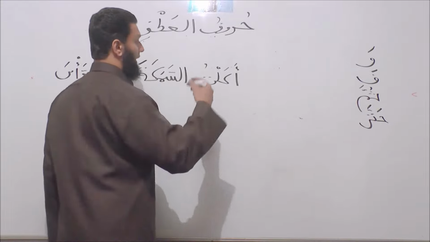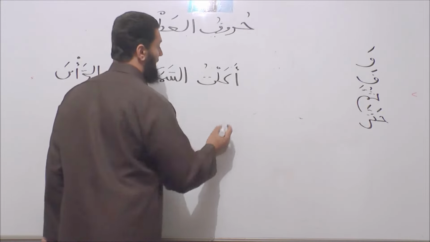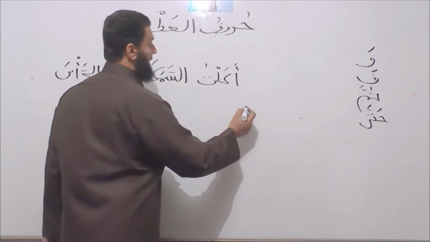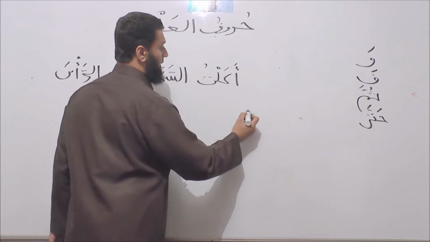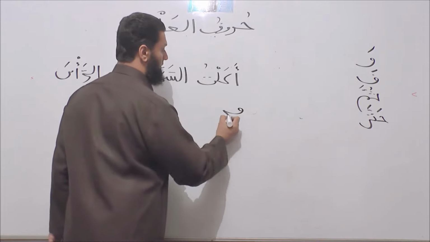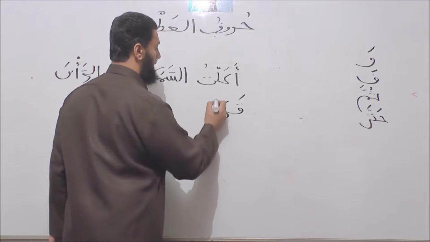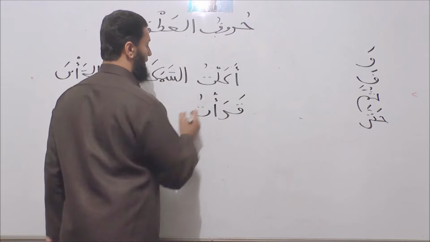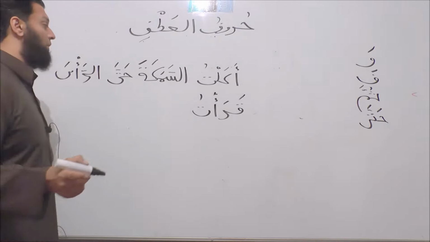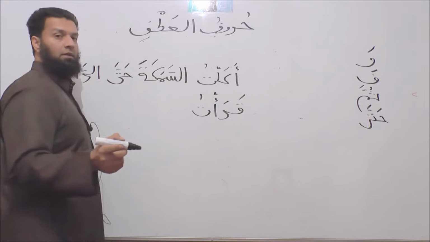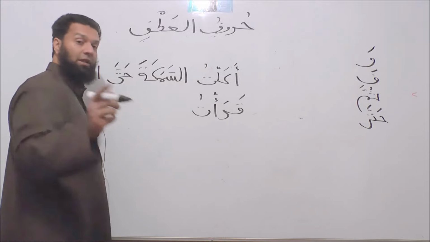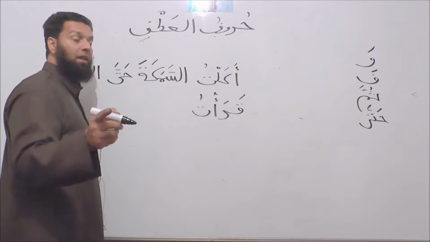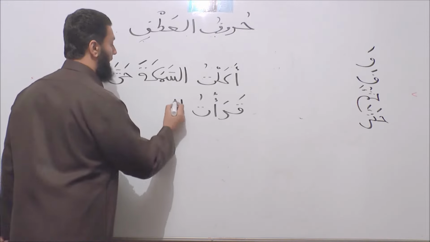So, for example, I read. How do you say I read? Qara'tu, the book. Kitabu. You've done it again, Ya Muhammad. Kitaban. Al-kitaba. I read the book.